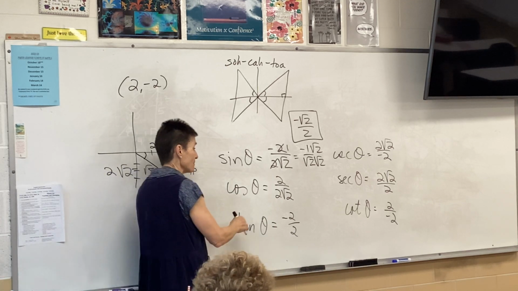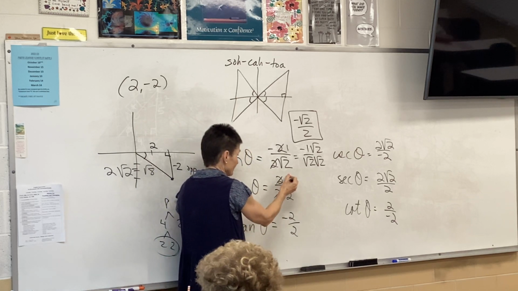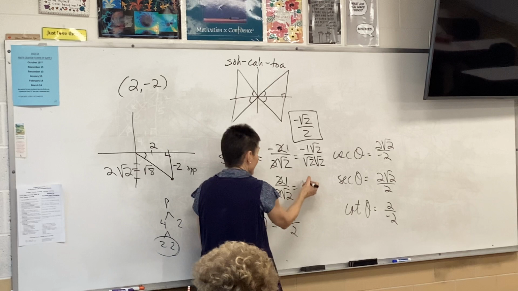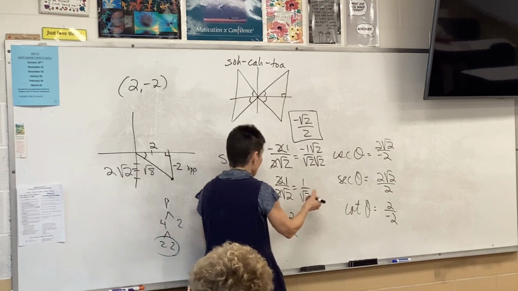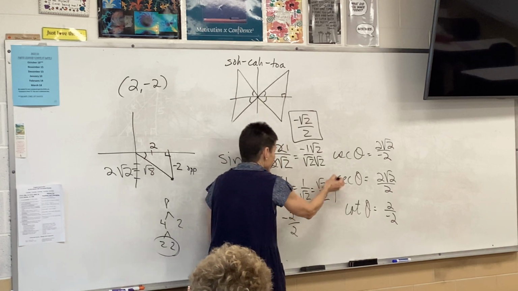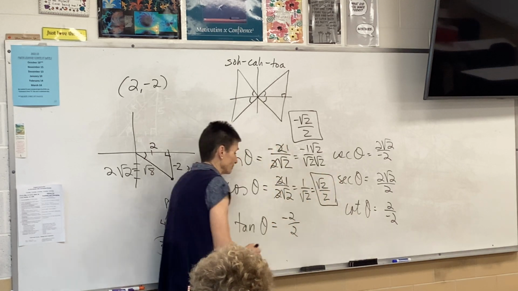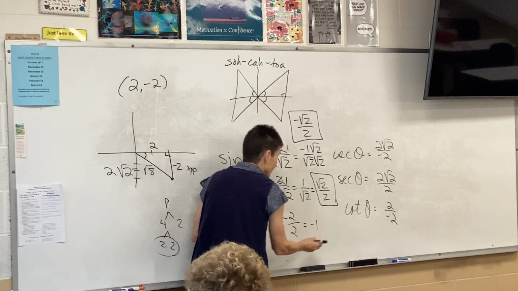Let's go through those same steps with this one. 2 over 2 is going to cancel. So now I have 1 over root 2. Get rid of the radical in the bottom, bring it to the top and have a root 2. There is the cosine. And of course the tangent's just negative 1, right?